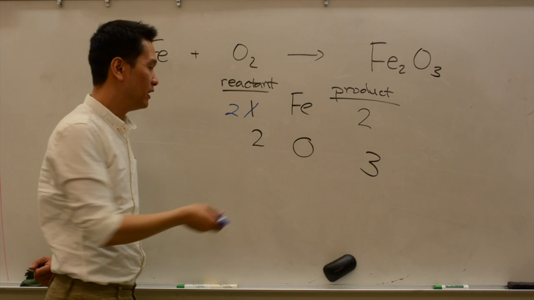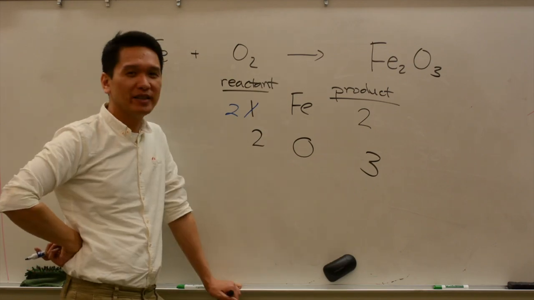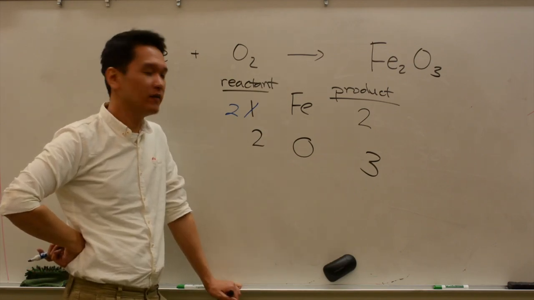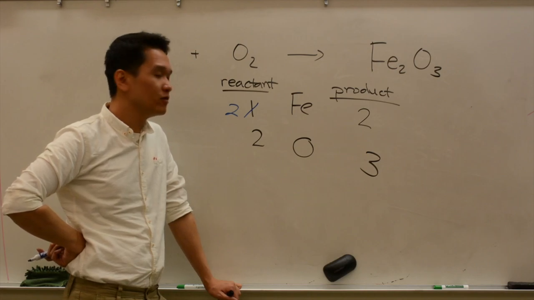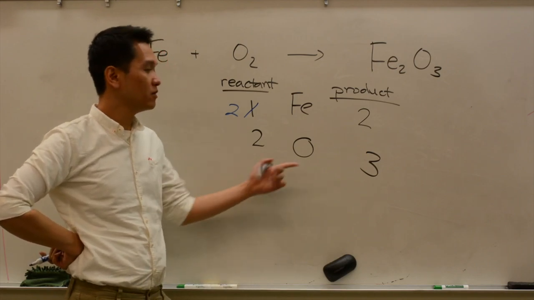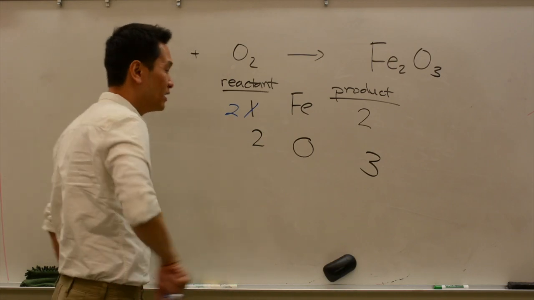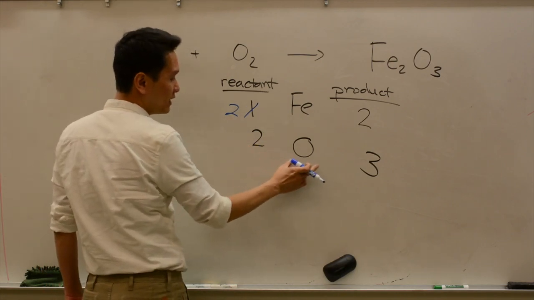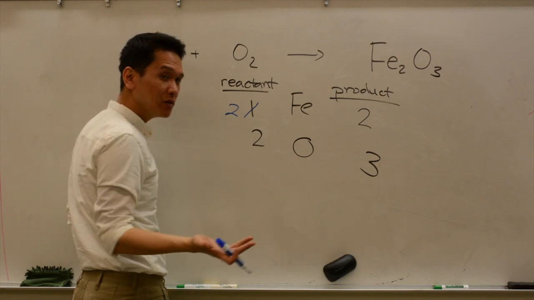Then I go to the next guy, oxygen. So 2 and 3. So you probably have to find a lowest common multiple between them. So the easiest one I think about here is, what's 2 times 3? 6, right? So if I had 6 oxygens in the beginning and at the end, it will be the same.